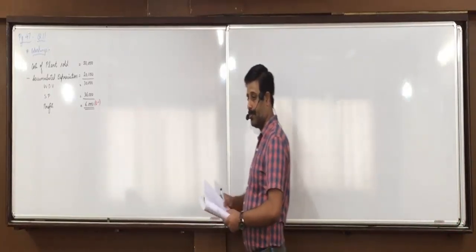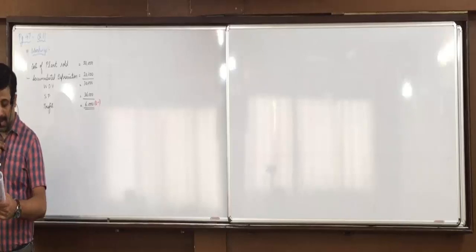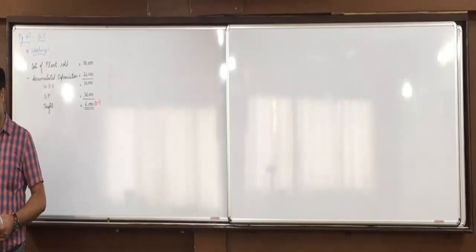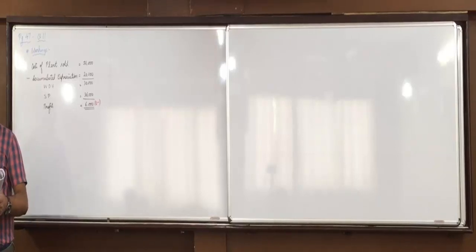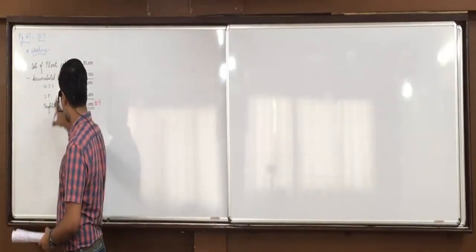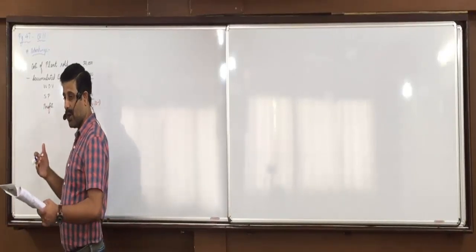What else? So we make the ledger. Which ledger account? Fixed asset account, the plant and machinery account. Will we make it at cost or at WDV? Keep in mind, always decide it from the balance sheet point of view.